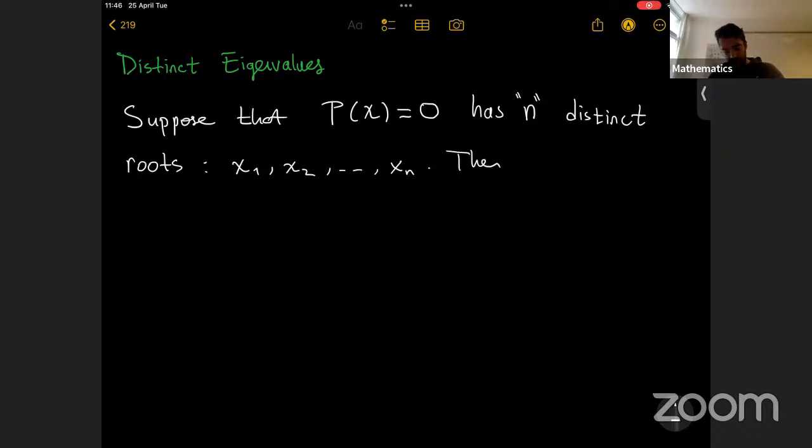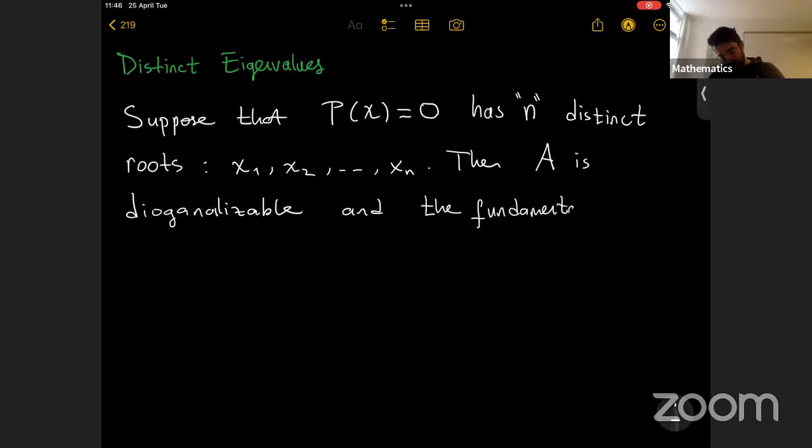Then the matrix A is diagonalizable and the fundamental matrix in this case, remember, it's the exponential matrix, okay?